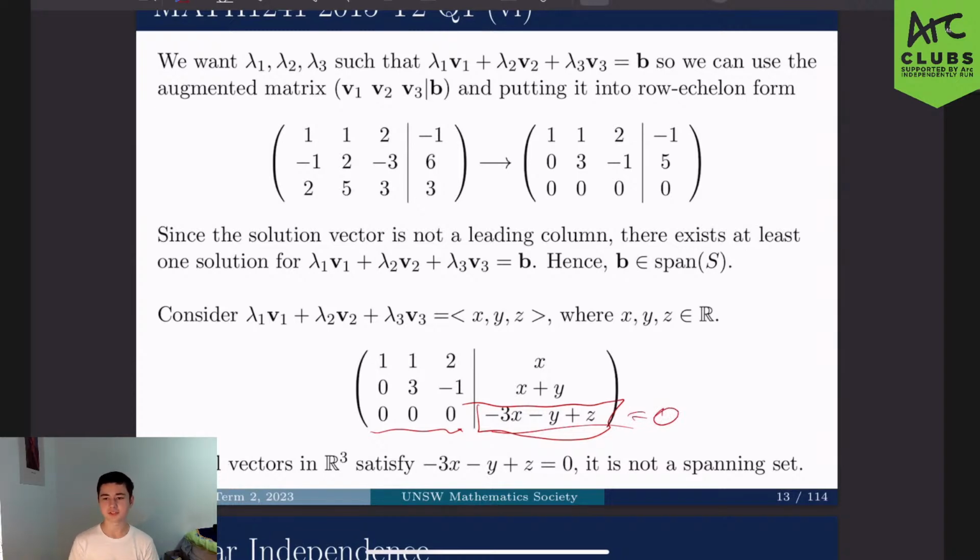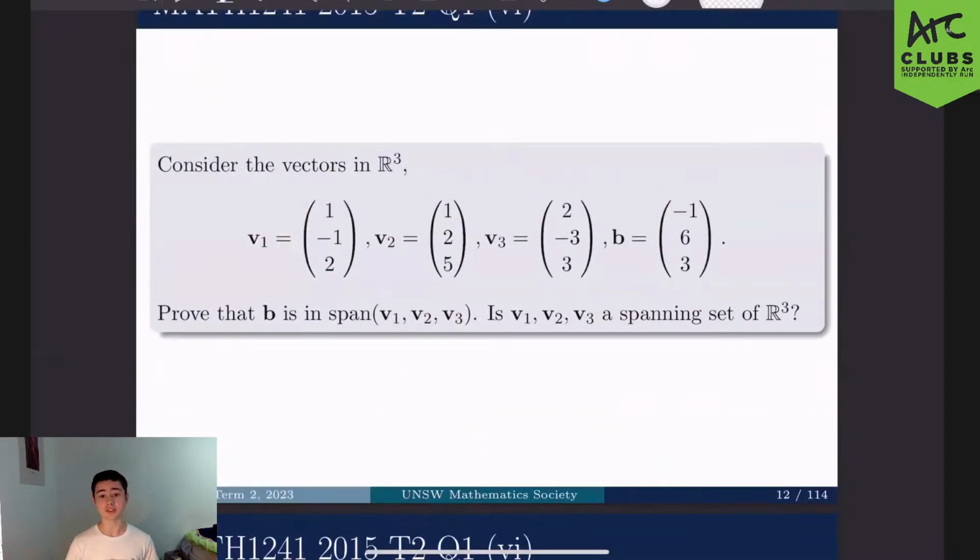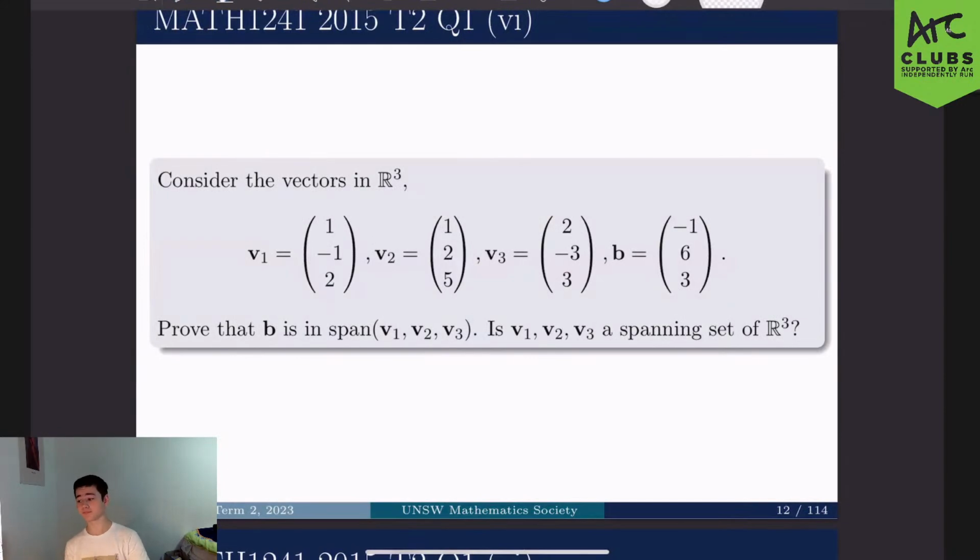Second of all, this does not satisfy everything, okay? There are things that lie outside of this, like, let's say X, Y, and Z are all 1. We know that 1, 1, 1 does not equal 0, okay? Because you have -3, -1, +1, you get -3, okay? Minus 3 is not 0, so it can't be in this linear combination of v1, v2, and v3.